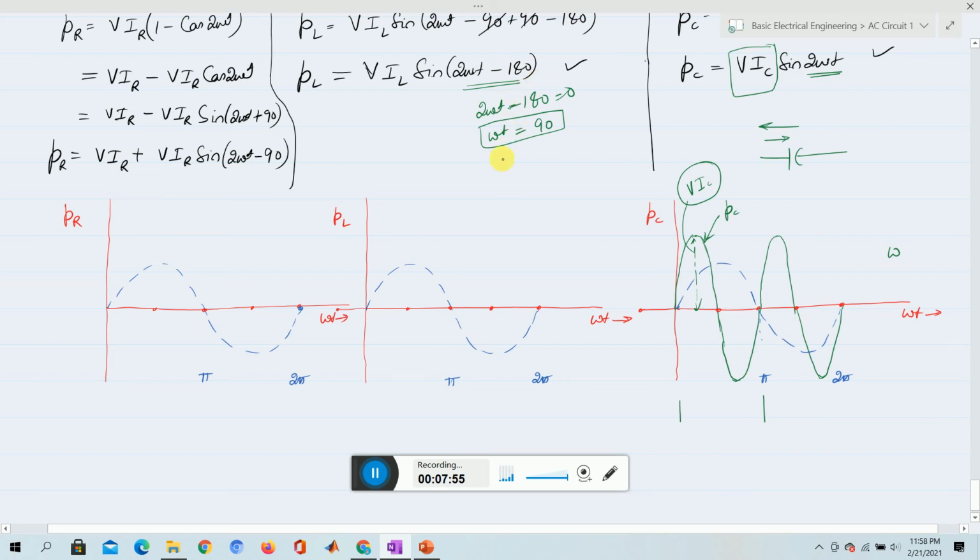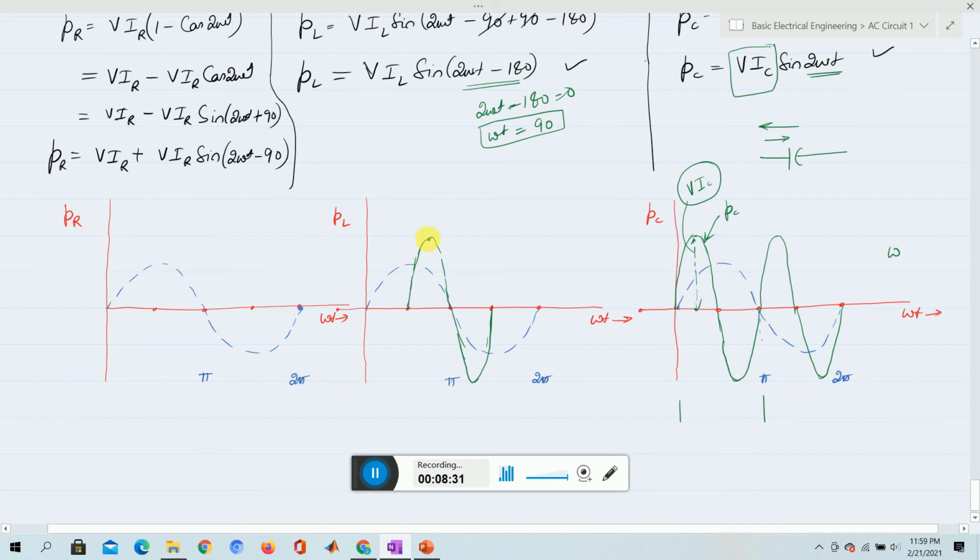That means from omega t equals 90 degree, this waveform will start on the omega t scale. So the sine 2 omega t waveform will start at omega t equals 90 degree. So you will get a waveform like this, and here you get the complete waveform of sine 2 omega t after a phase lag of 90 degree.